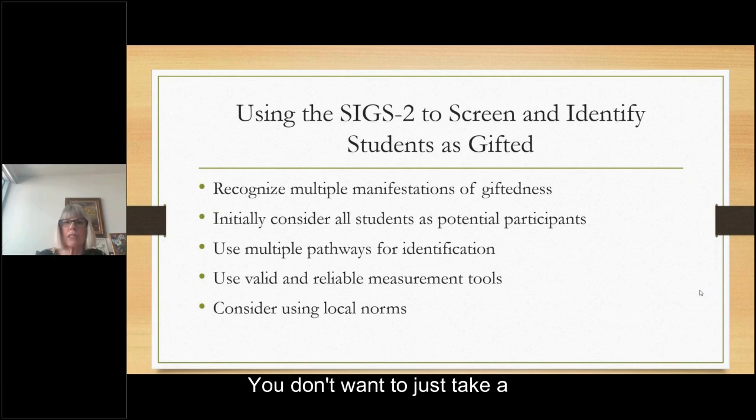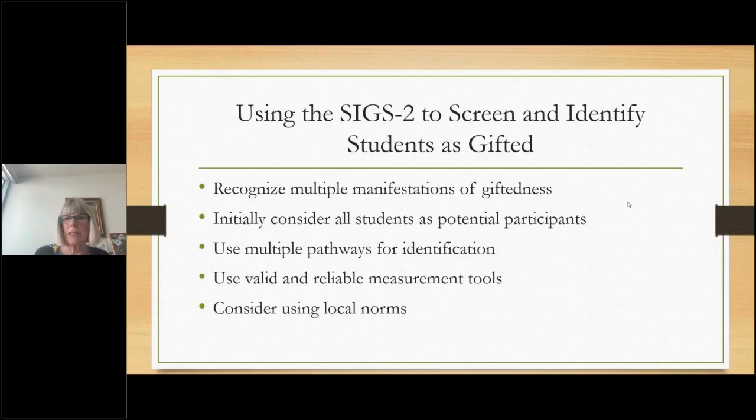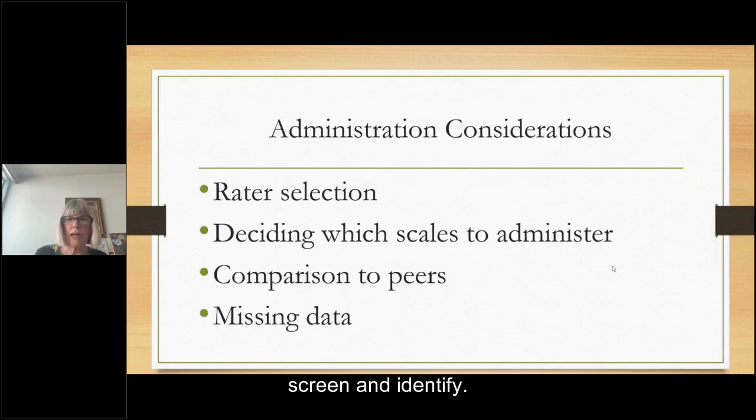You don't want to just take a nominated pool of students for the gifted programs because they're going to be higher ability. So you want to make sure that the sample you choose is representative of all ability levels in your school district. So those are some ways to use the SIGS-2 to screen and identify.